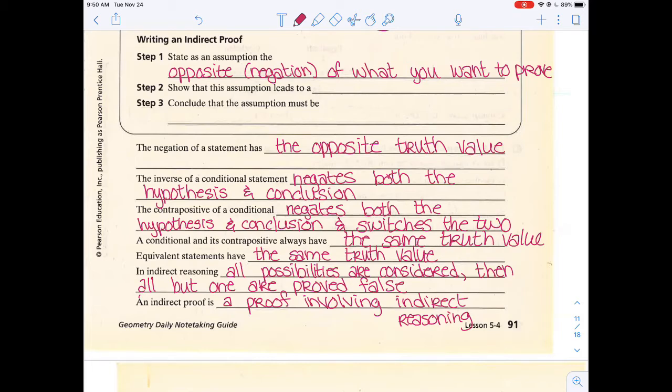In an indirect proof, we're going to say, okay, we're going to assume the opposite is true and try to prove that false. So the second step is to show that the assumption leads to a contradiction. And step 3 is to conclude that the assumption must be false and that what you are trying to prove is true. So since the opposite was false, that means that what you want to prove is true.